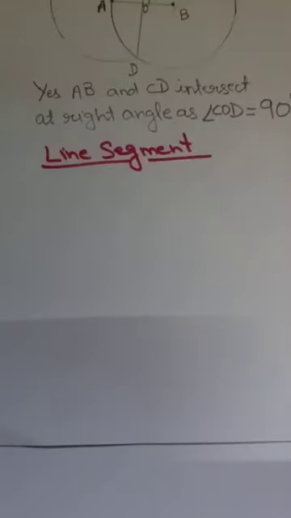Now our next topic is line segment. How to construct a line segment of a given length with the help of ruler and compass. See how we will draw a line segment with the help of ruler and compass. We have not to draw with the help of ruler only. So what we will need to do?